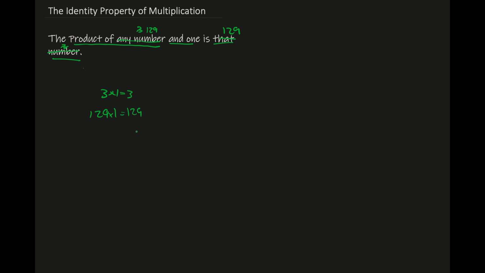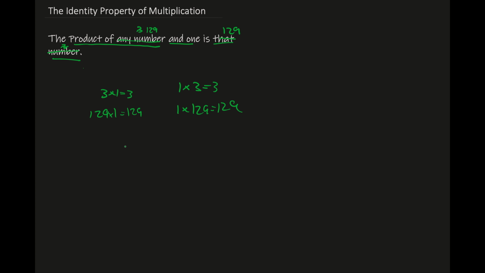This property works with any number and 1. And because we know about the commutative property of multiplication, we know that it works both ways. It could be 1 times 3 equals 3, or 1 times 129 equals 129. So that's the identity property of multiplication.